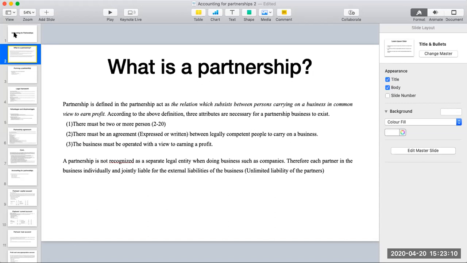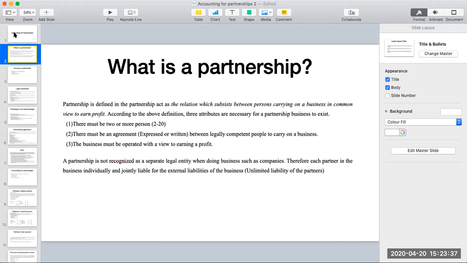Then, what is the difference between a partnership and a company, a limited liability company? The main difference is that a partnership does not have a separate legal personality, which means the partnership itself is not considered a legal person.